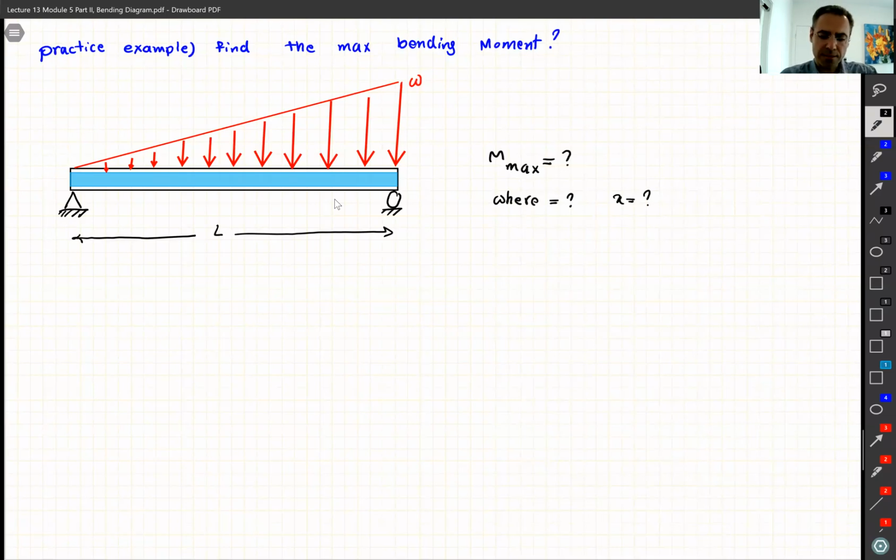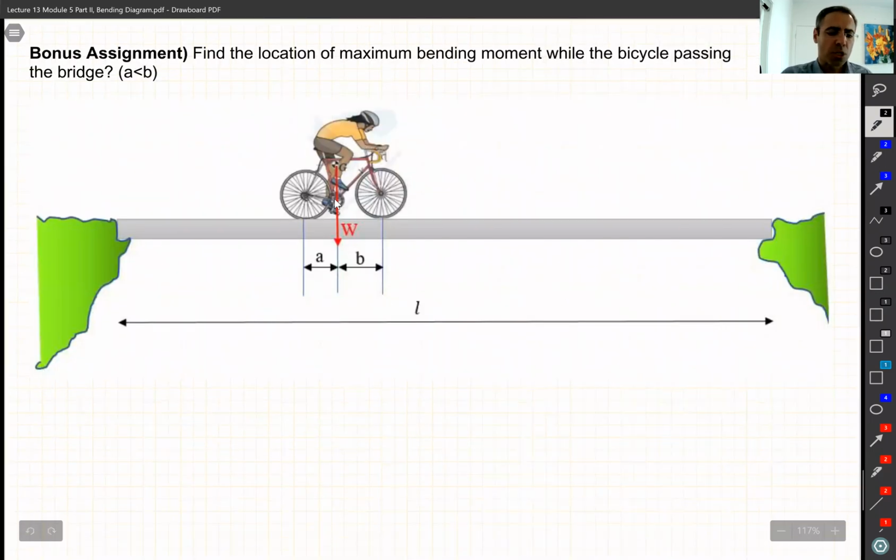And lastly, in 1 minute, I promise I'll let you guys go. So this is a bonus assignment. In the past, I let you guys first read it. Right? So we have this beam on this bridge, and this guy is biking over that.